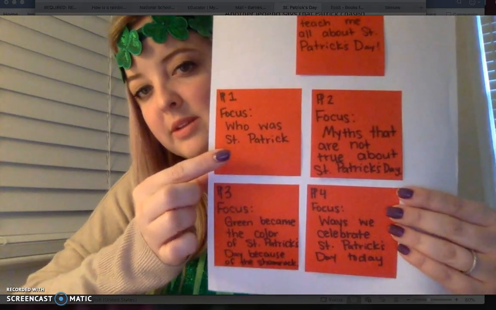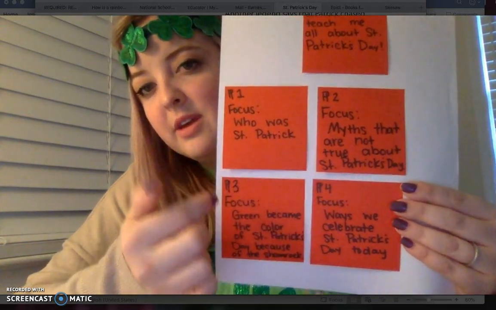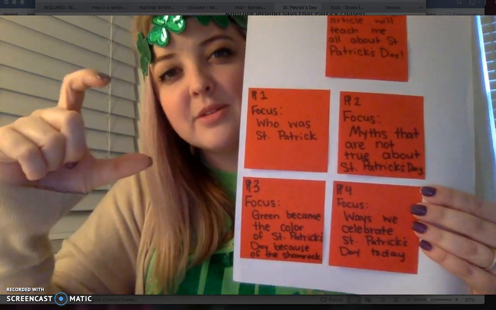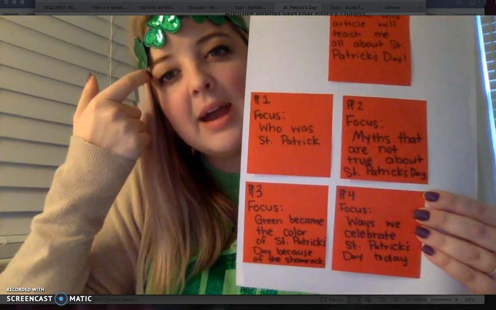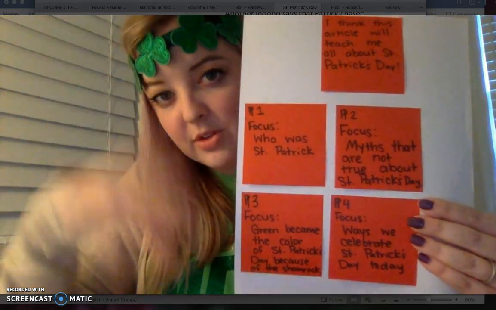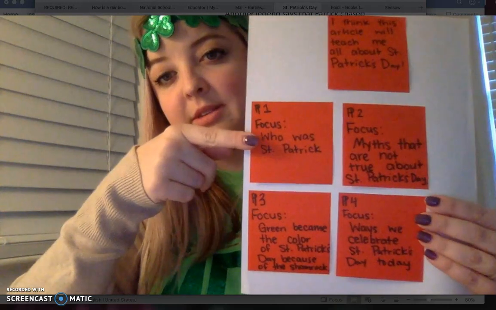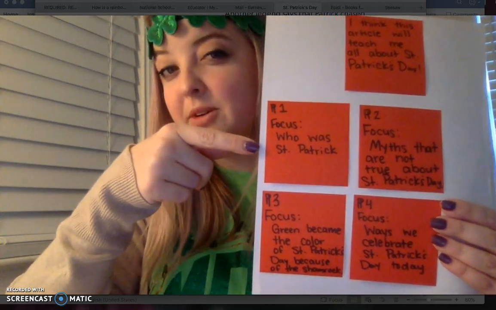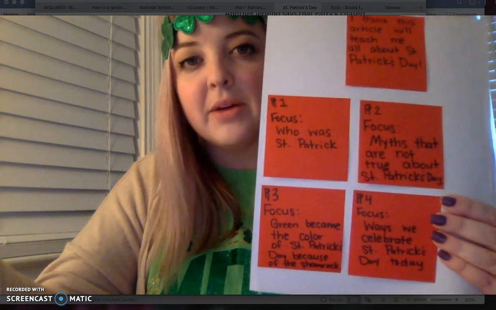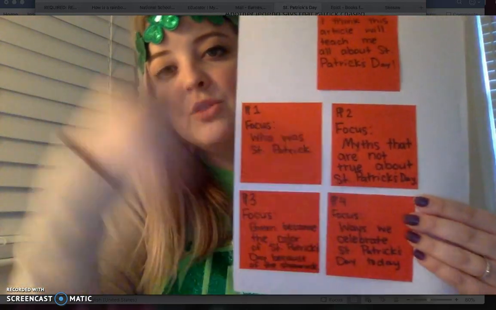Then I went into each of the paragraphs, which weren't quite paragraphs, they were more little subsections, and I chose to read through them again after I'd read the whole article. I went back to paragraph 1 and said, okay, the focus of this paragraph was about who St. Patrick was, and it talked all about him. Paragraph 2, what was the focus?